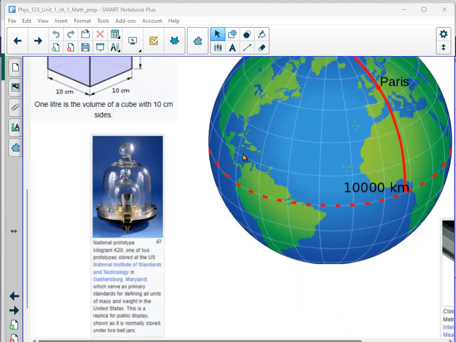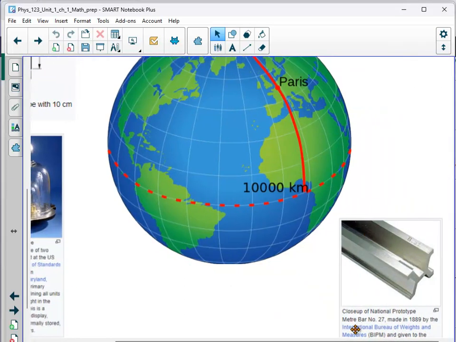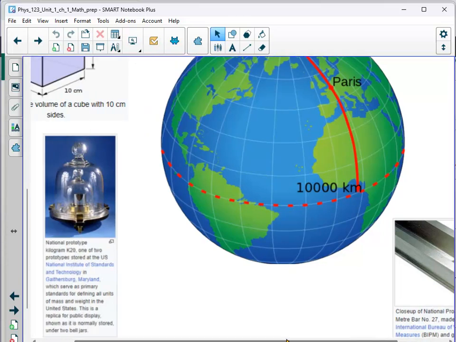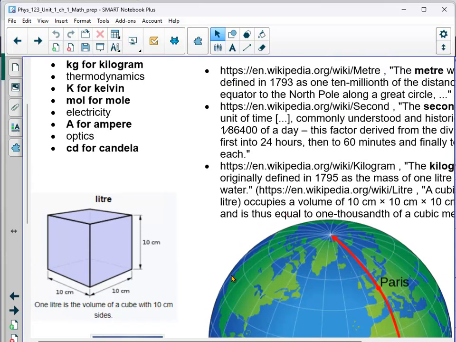And then there is the prototype, which is, I believe, over here, where that would be exactly 1 meter long. You divide the meter by 10, you get what's called a decimeter, that's 10 centimeters. You make it into a cube, which is 1 cubic decimeter, or 1,000 cubic centimeters. And we give it a new name, we call it a liter.